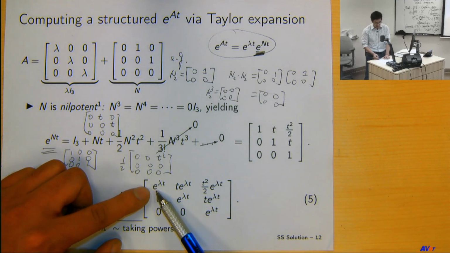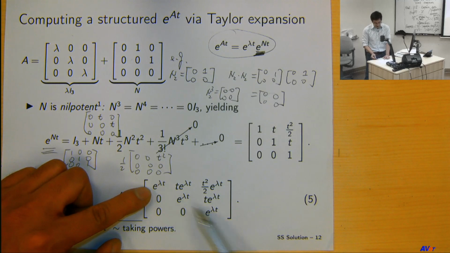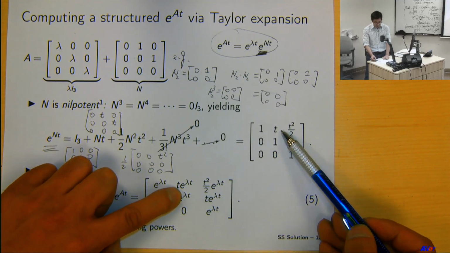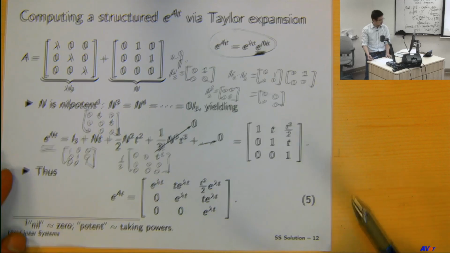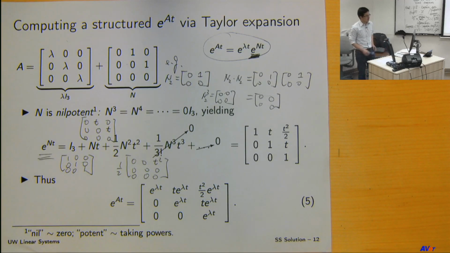So it's e^(lambda T), e^(lambda T), e^(lambda T), t e^(lambda T), and t squared over 2 e^(lambda T). All right? So that's the exponential function of a Jordan matrix. Any questions?